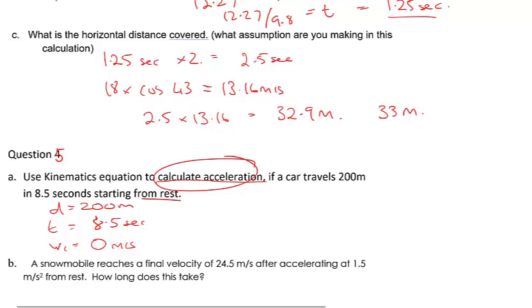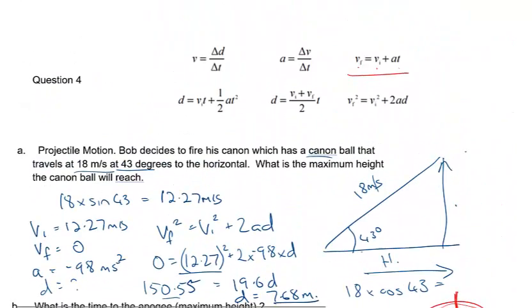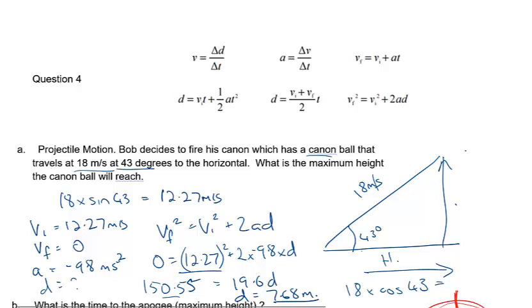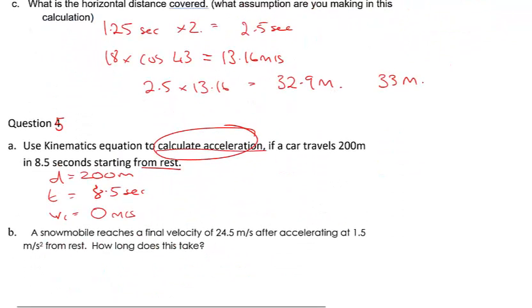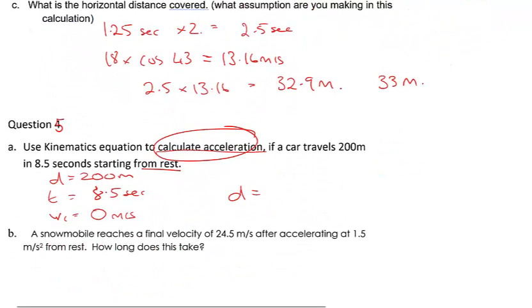So now if we come up to here and we're looking through this formula, which of the ones can we use? This one has distance and it has initial velocity. We have time, but acceleration is what we want to know. So that's probably a good one to use. Okay, so D equals ViT plus half AT squared.